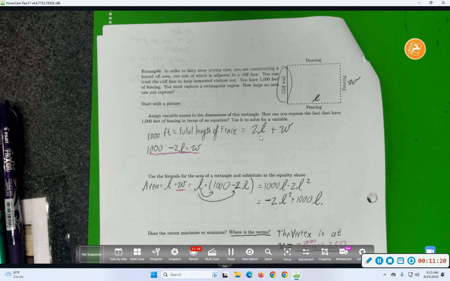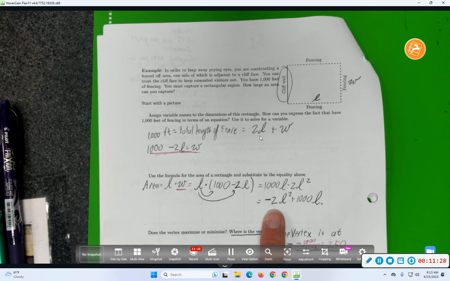Let's also recall the other part of the vertex formula, which is, again, not a part that you necessarily need to remember. If you see y equals negative 2L squared plus 1,000L, upward opening parabola or downward opening? Downward? Why downward? Because of that negative 2.